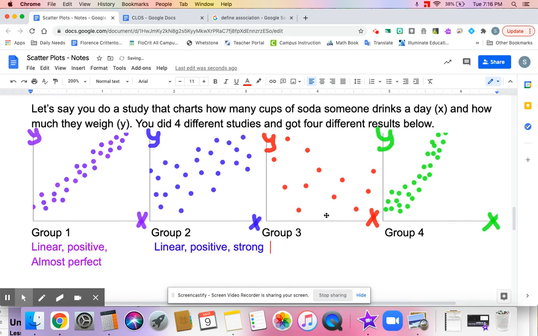For group 3, is it linear or nonlinear? It is not linear because if you try to draw a straight line, at the end the data kind of curves up, right at the end. So it's not linear. Is it positive or negative?